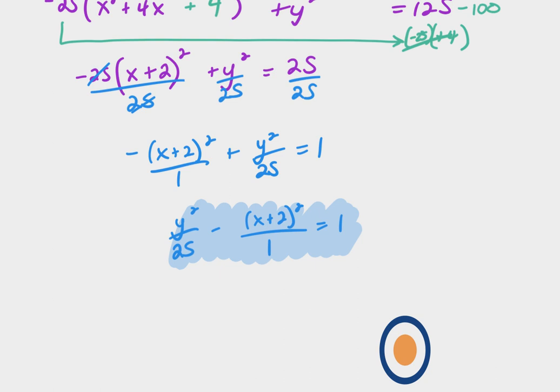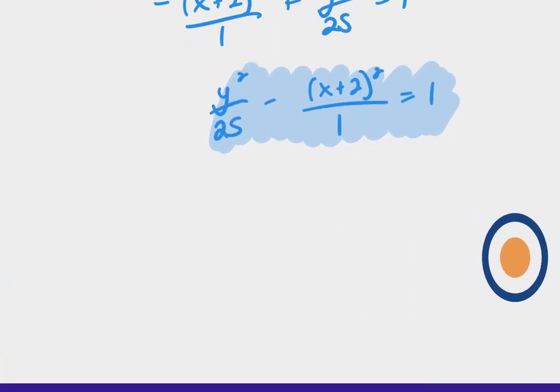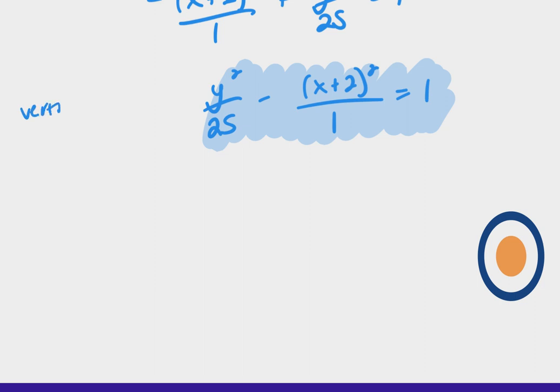Okay, now tell me what we know about this hyperbola. It's vertical because the leading one is y. And for vertical, my asymptote is y equals k plus and minus a over b, x minus h. Somebody else said something. Good. Center at negative 2, 0. What else?